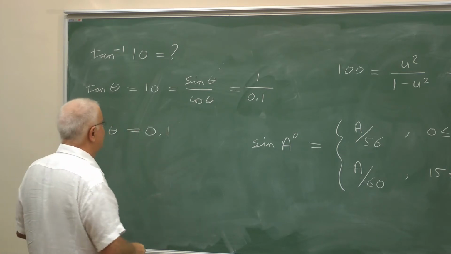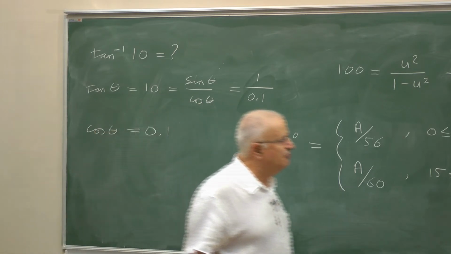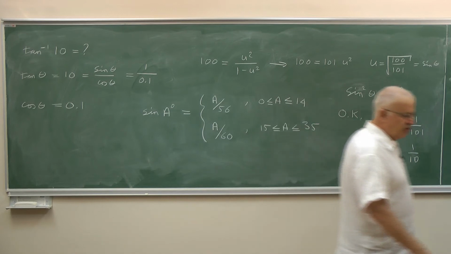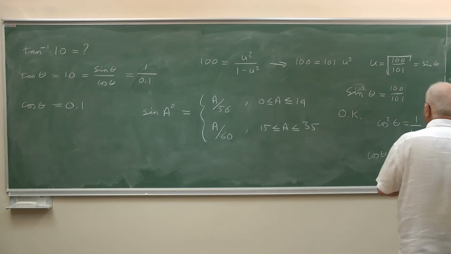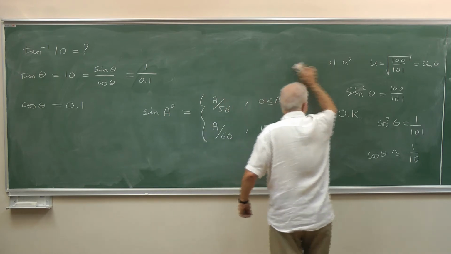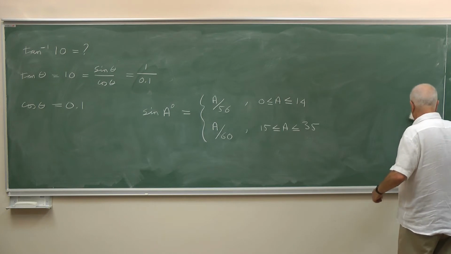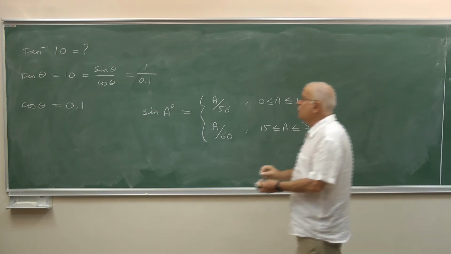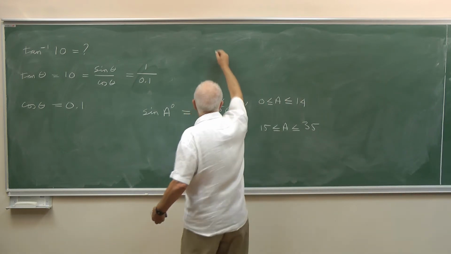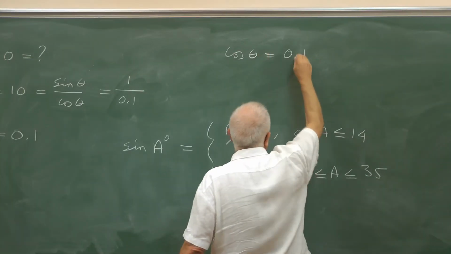You might have noticed I don't use the approximately equal sign a lot. Everything is approximate in this lecture anyhow. So, cosine theta equals 0.1.